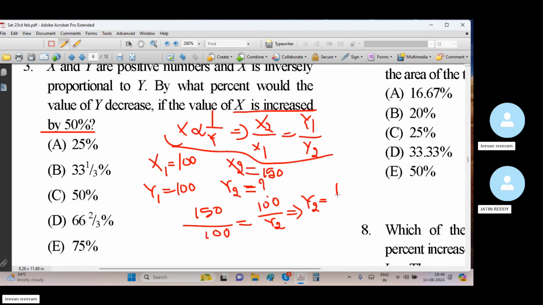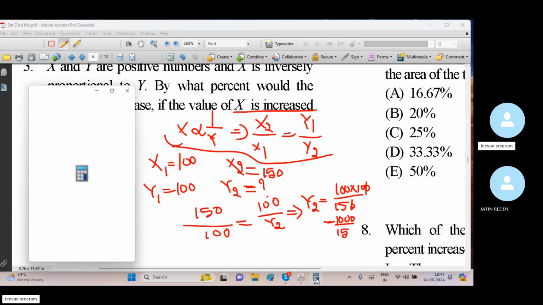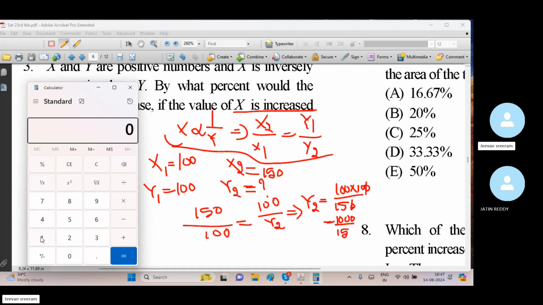Y2 is going to be 10,000 divided by 150, which is 1000 by 15. In your real examination, you can carry some type of calculator to the center. Happily make use of that calculator.